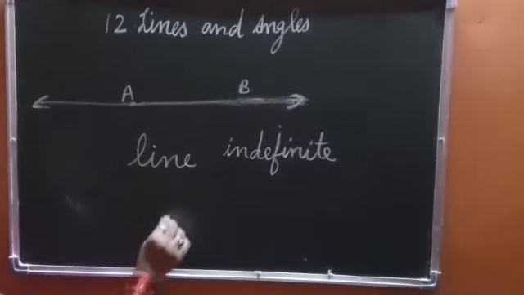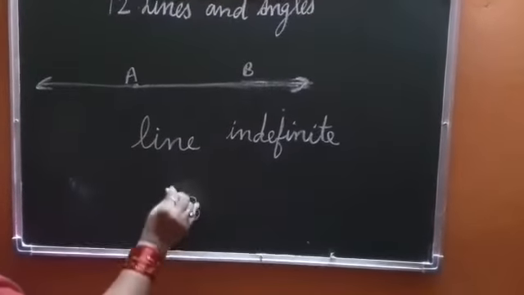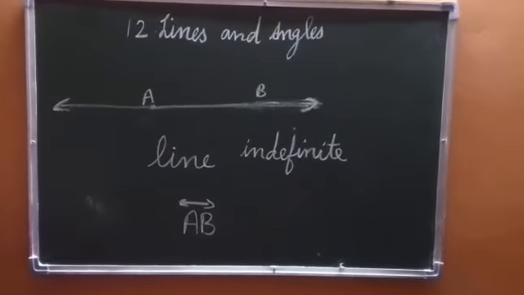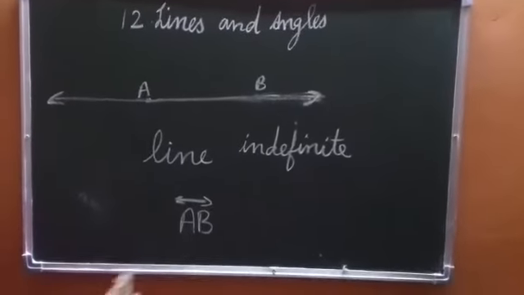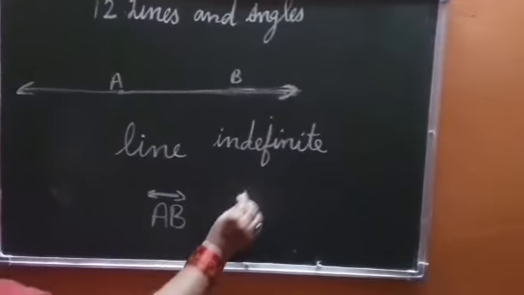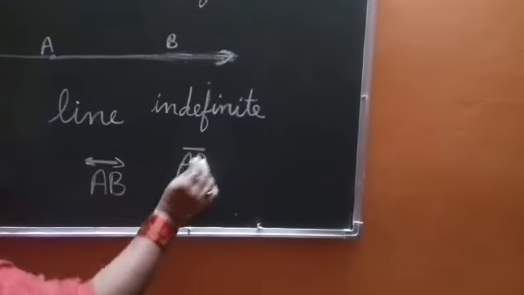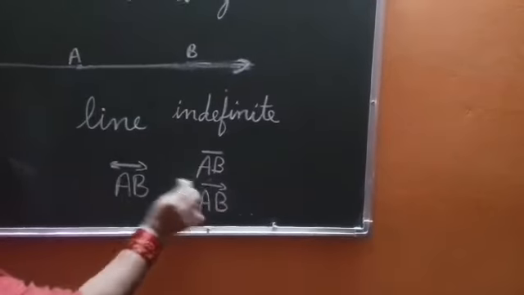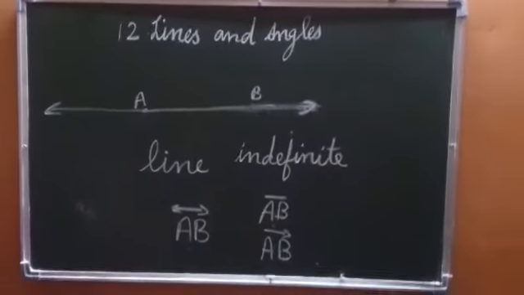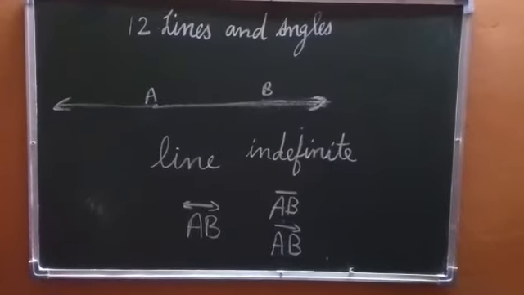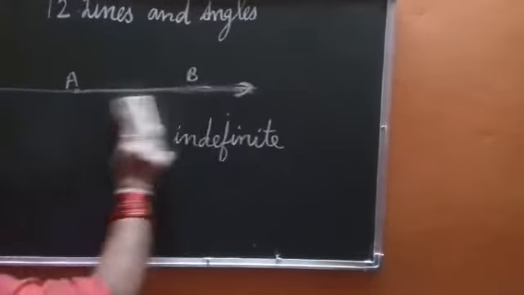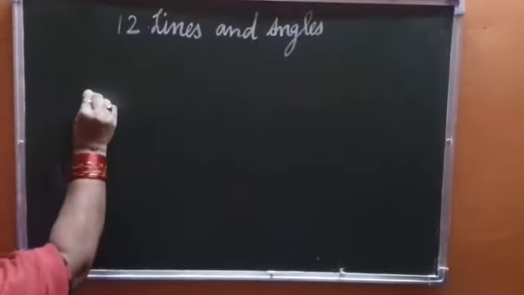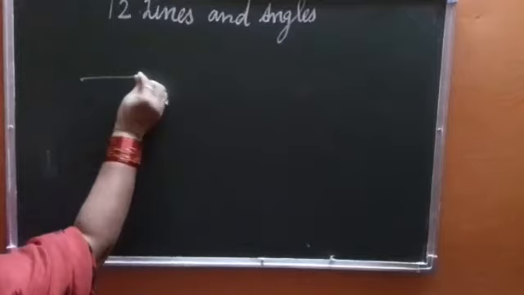Suppose this is line AB, it is represented like this AB, and on the top we draw a small line using arrows on both the sides, and this is read as line AB. So if we write like this, it is line segment AB. If we write like this, it is a ray AB, and if we write like this, it is a line AB. So three things we have studied: a line segment has two fixed endpoints.